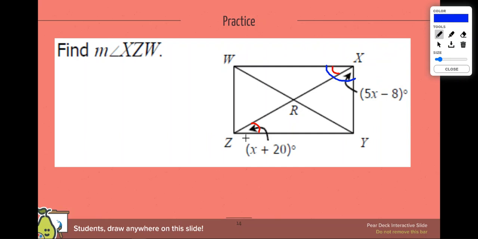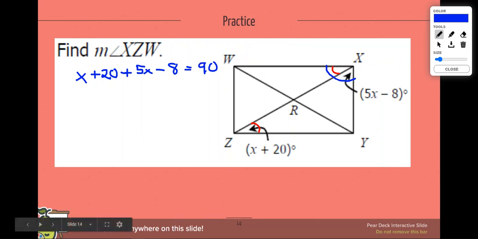So the x plus 20 added to 5x minus 8 has to be equal to 90 degrees. Okay, you can solve however you'd like, and then substitute back in to find the measure.